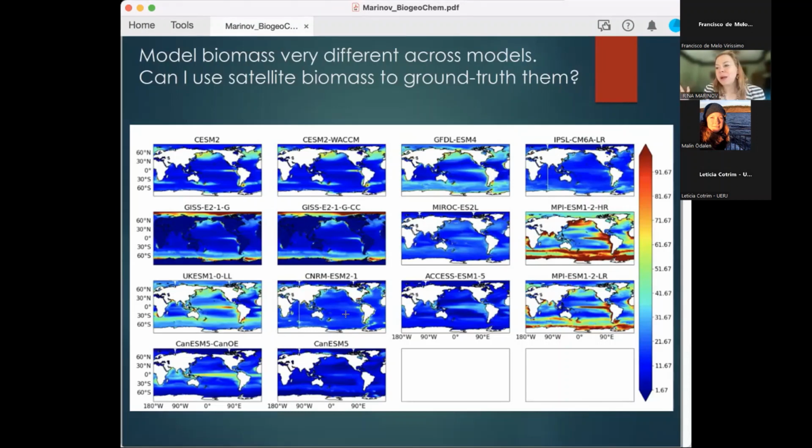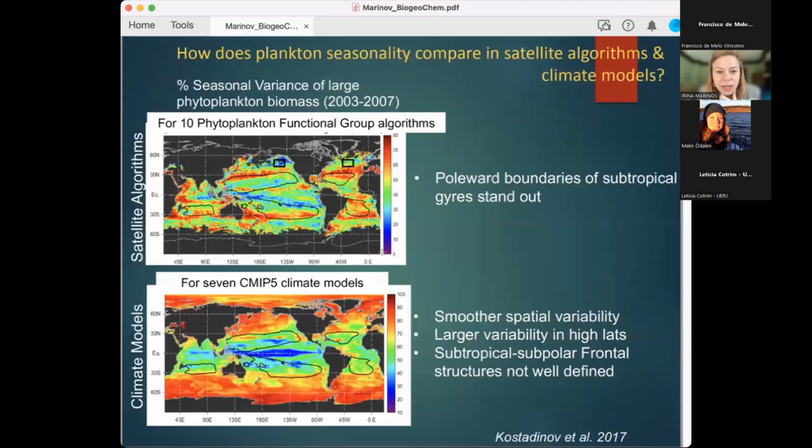Differences among biological products tend to be much larger than differences across models for physical products such as SST. So if I showed you the SST product, it would be very similar across these models. Biology is all over the place, okay?